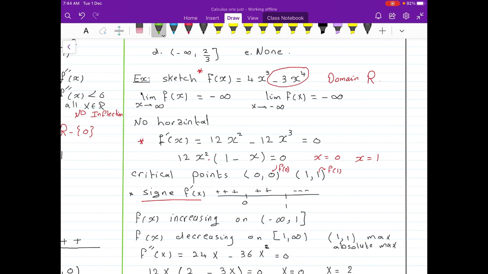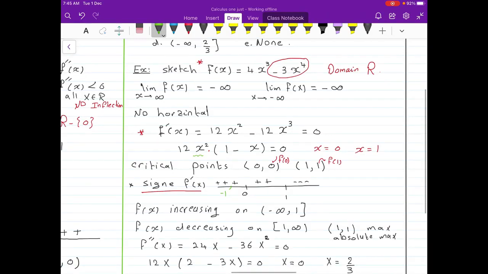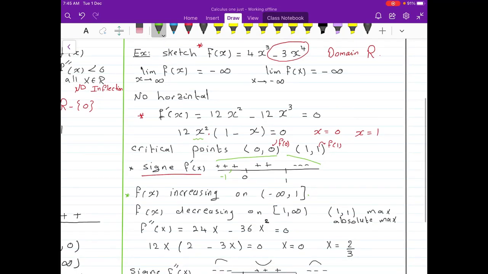If you choose a number less than 0 like -1, and you substitute -1, this term is positive, 1 minus -1, so the sign is positive. That means f(x) is increasing on which interval? On minus infinity up to 1. So this function is increasing on this interval, and it will be decreasing from 1 to infinity.